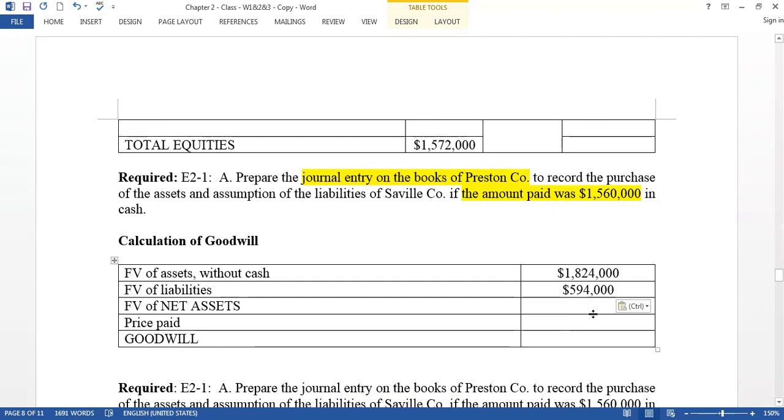So the net asset is this amount, and you also know the formula, asset minus liability. And how much cash did we pay according to this question? We paid cash this amount.